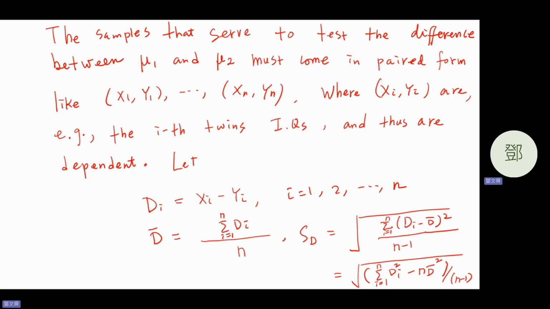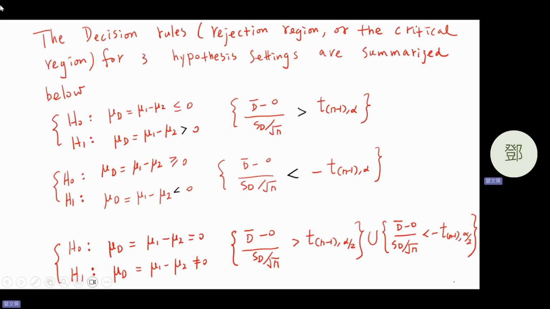This is what we have learned before, like last semester or earlier in this semester. Now, what is the test statistic? The decision rule, the rejection region or critical region for three hypothesis settings are summarized below.